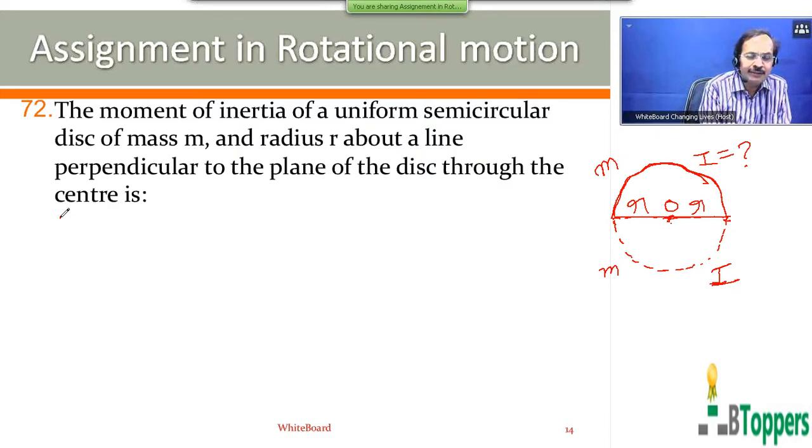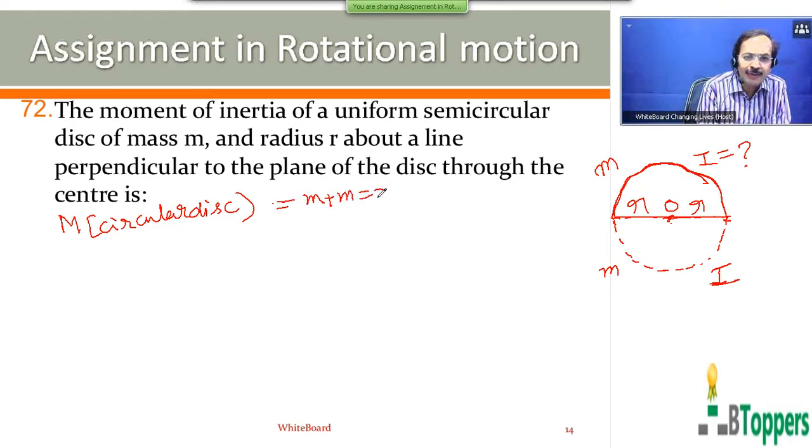So the mass of the complete circular disc formed by the two semicircular discs, you can write small m plus small m. That is 2 into small m.